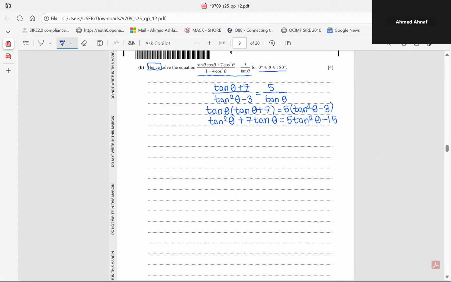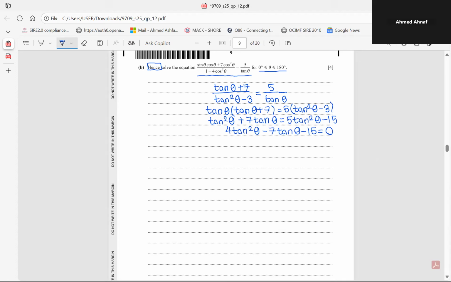Okay, and now let's move everything to the right-hand side. So 5 tangent square minus 1 tangent square will give us 4 tangent square theta, and then minus 7 tangent theta, followed by minus 15 equals to 0.